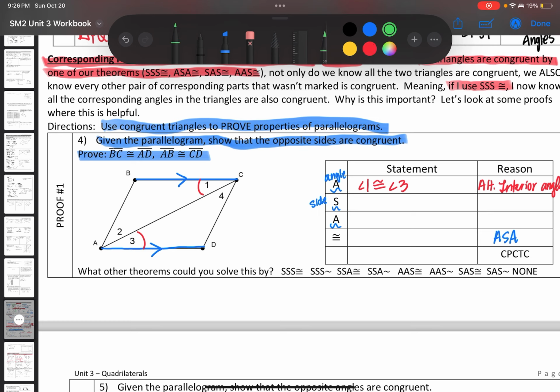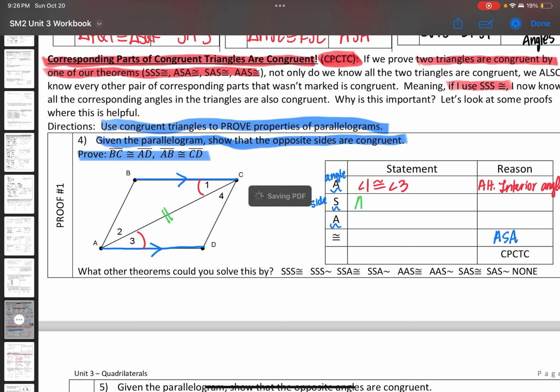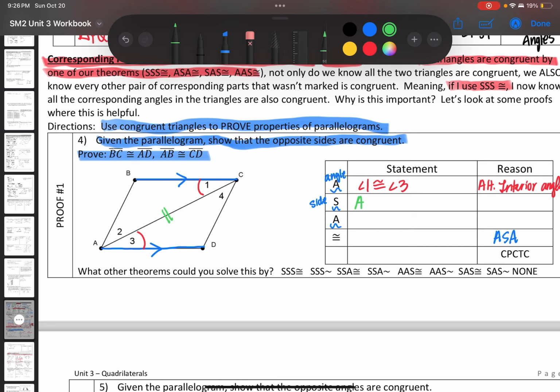These two triangles share a side, which means side AC is congruent to AC because of the reflexive property. I'm just going to write prop to shorten it. So far we have angle, side.